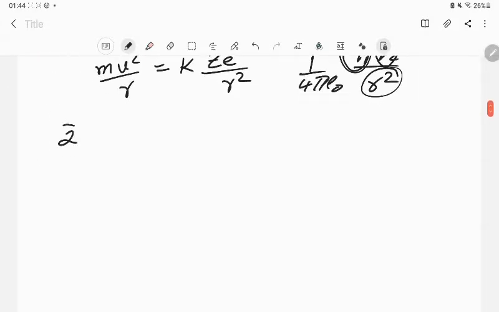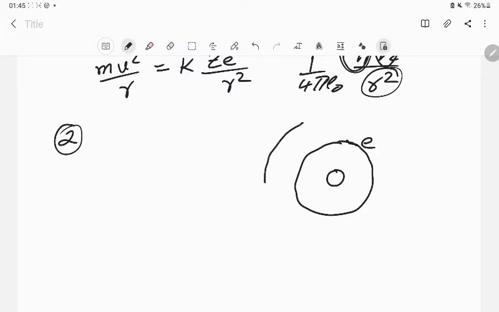So what is the second postulate? In the second postulate, Bohr says that electron can revolve only in certain discrete orbits. So again I will say, electron can revolve only in fixed orbits.